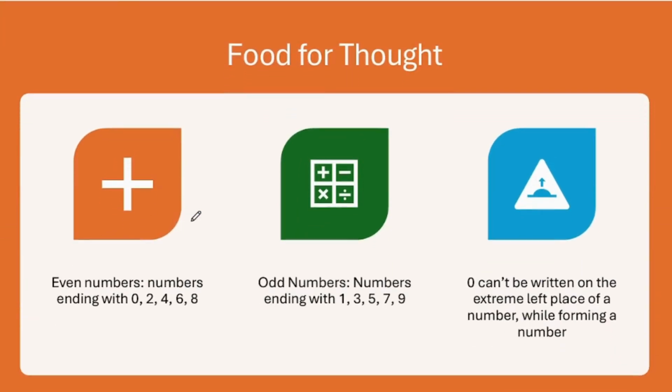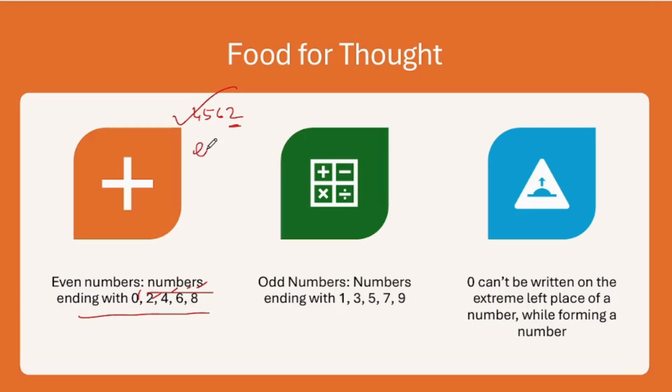Fine. So we'll move on to the exercise now. But before that, a few important concepts, points that you should keep in mind. Even numbers. What are even numbers? Numbers ending with 0, 2, 4, 6, 8. So let's say there is a number 4562. At the ones place, if it is 2, then it will be an even number.